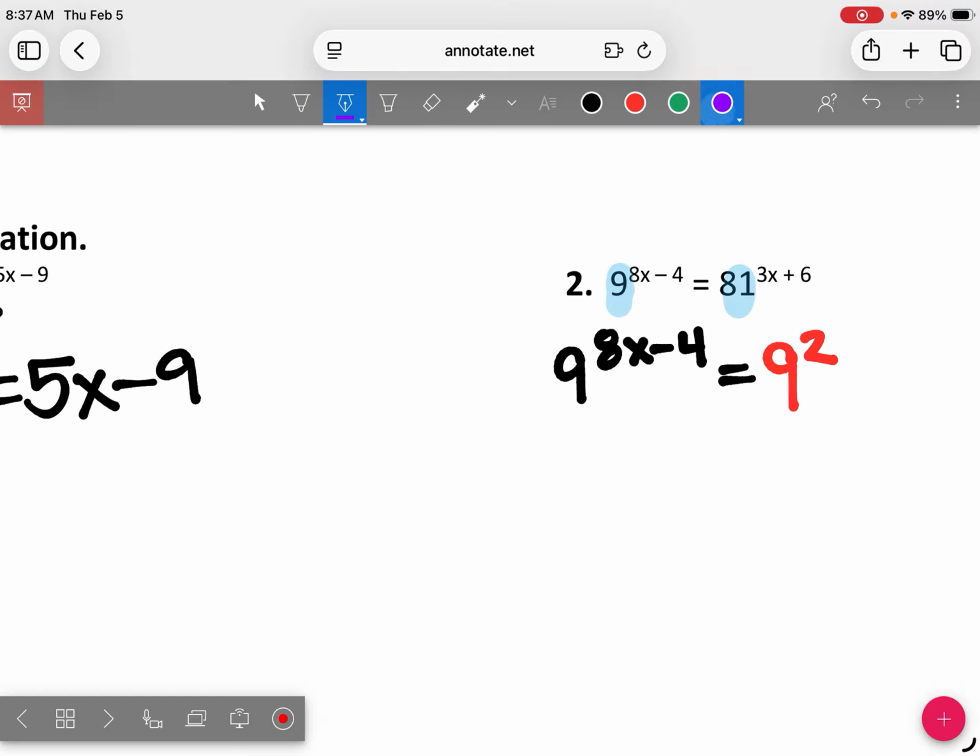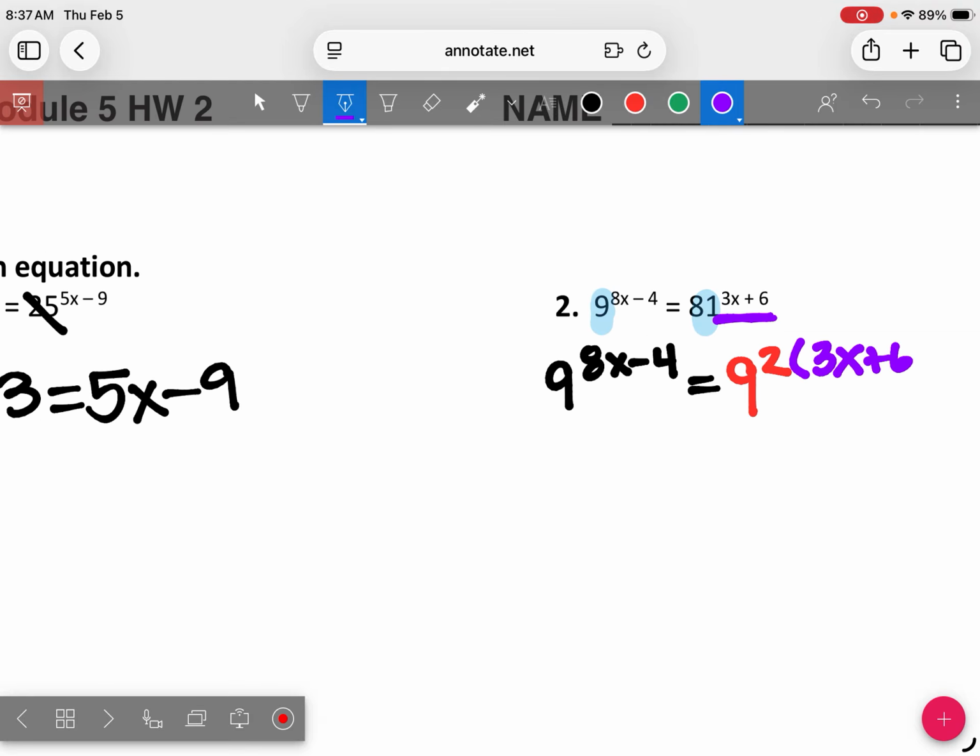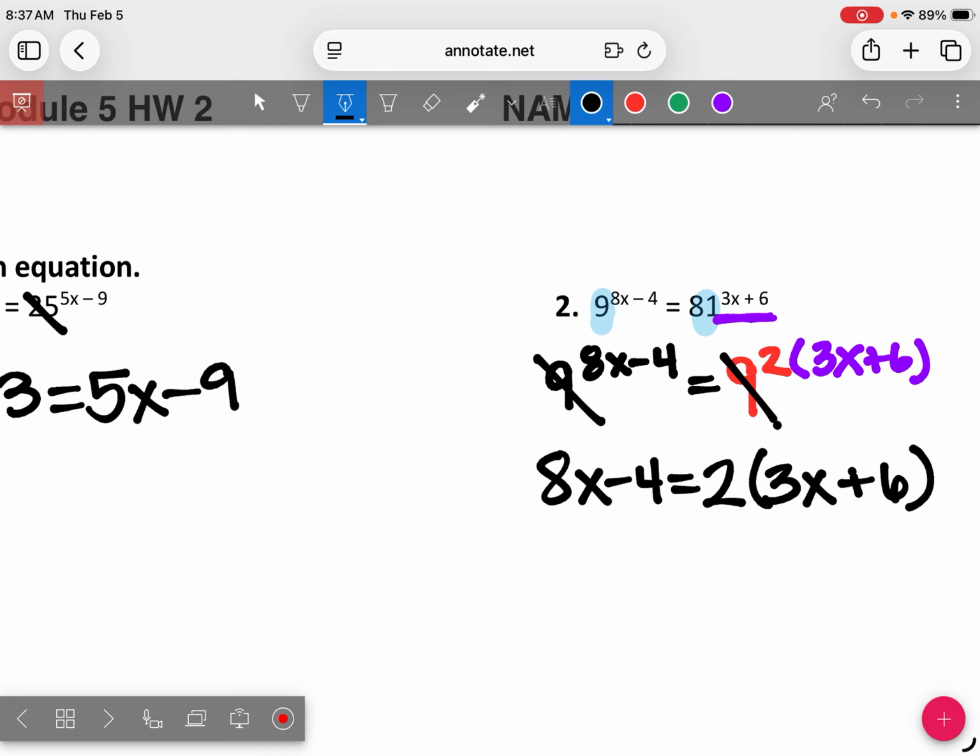Now this doesn't go away though. So I'm going to bring that down and put it in parentheses. Got to put it in parentheses. Now we have the same base, so we can cross it out. So what you have is 8x minus 4 equals 2 times 3x plus 6.